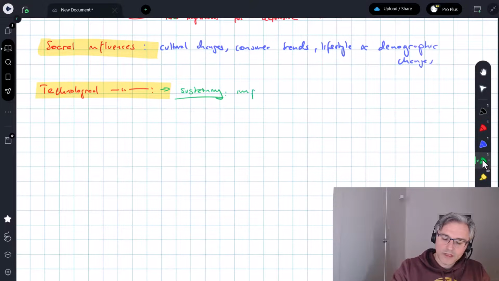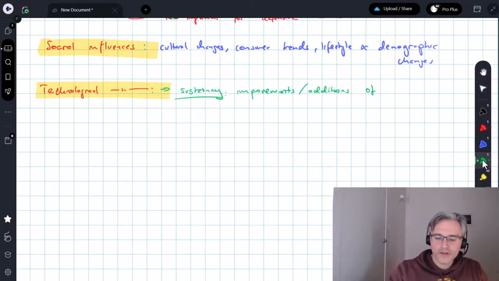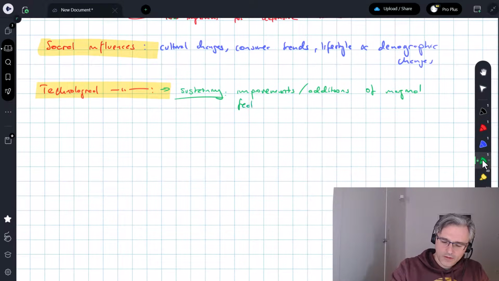This is all about improvements or additions of, let's say, additional features or marginal features, but to existing products, to existing services.